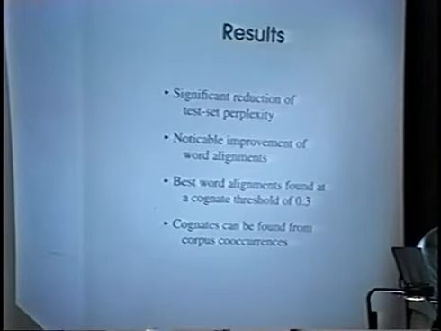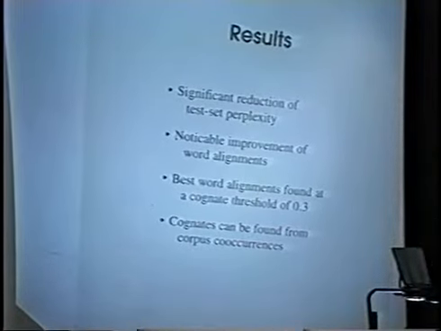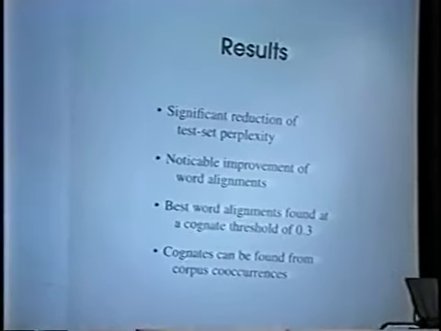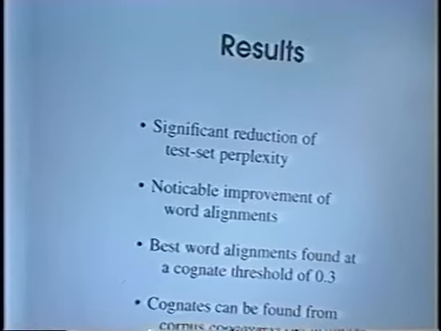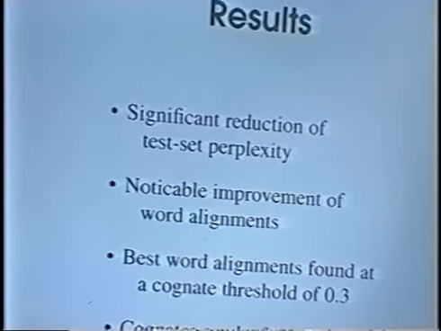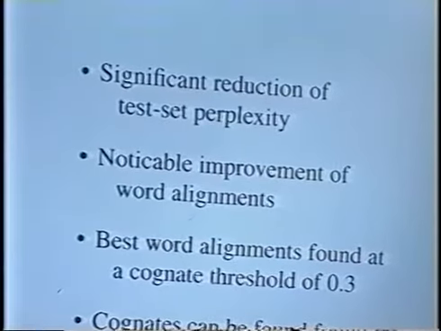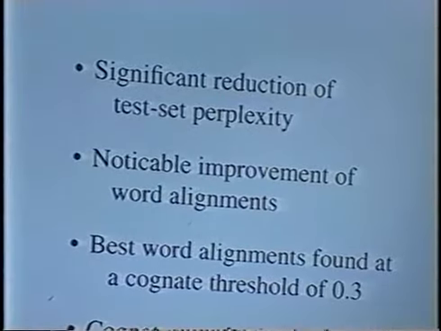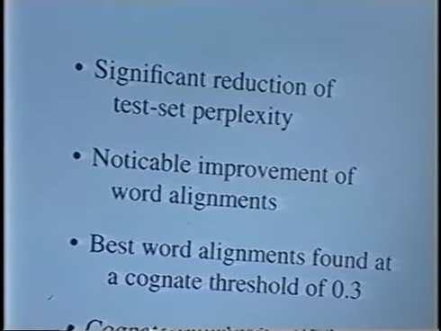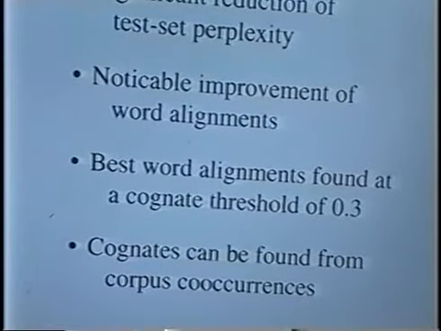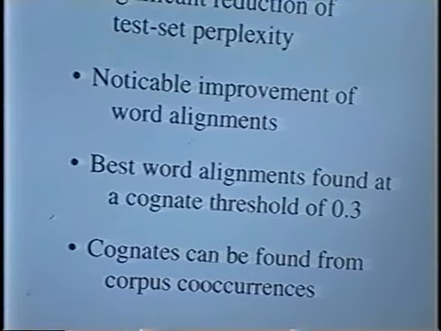So just a brief recap of the results of the dictionary experiments. We produced significant reductions in test set perplexity and noticeable improvements in word alignments. These are both positive results. And interestingly, the best results in word alignments came at the cognate threshold of 0.3, which produced a higher test set perplexity.